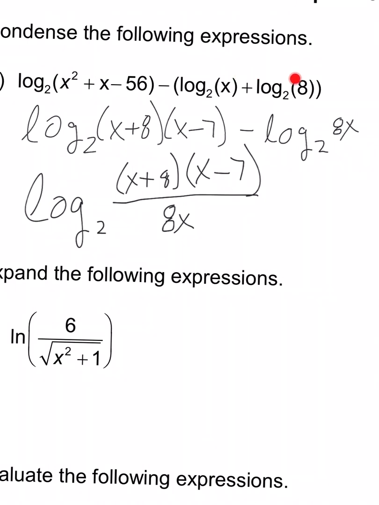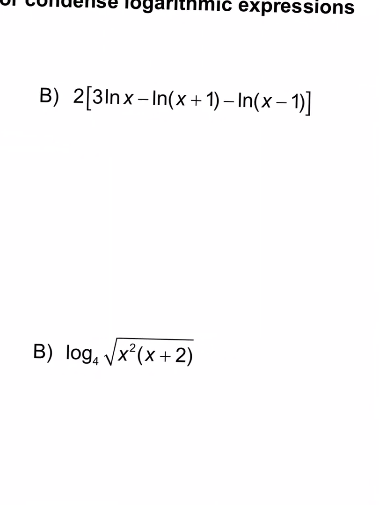Just to be clear, up here for subtracting both of these, if I distributed, both of those would be negative logarithms, and therefore both of those arguments would be multiplied in the denominator, which just reconfirms the setup that we have here. Why did I factor this? Well, it could be possible that we had an x plus 8 or x minus 7 down here, and they cancel, so that's why I thought it was important to factor that.